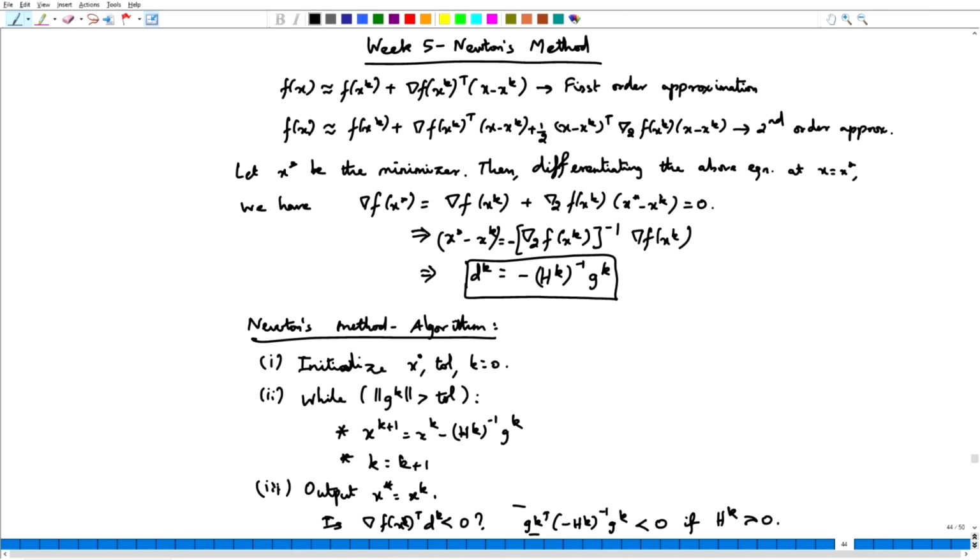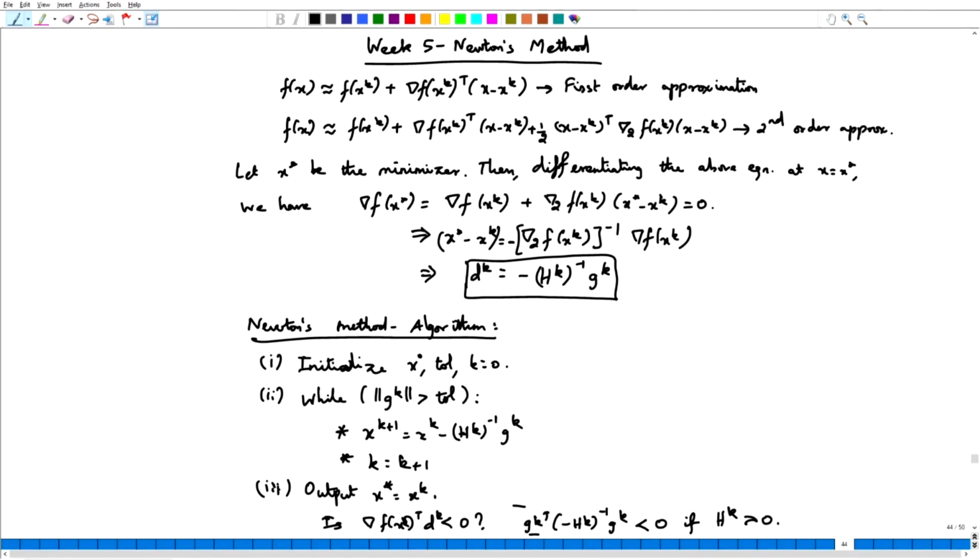When you have x transpose A x where A is a negative definite matrix, then x transpose A x is always less than 0. So, please note that if h k is positive definite, then d k equal to minus h k inverse g k is a descent direction, otherwise it need not be a descent direction. Please keep this in mind.